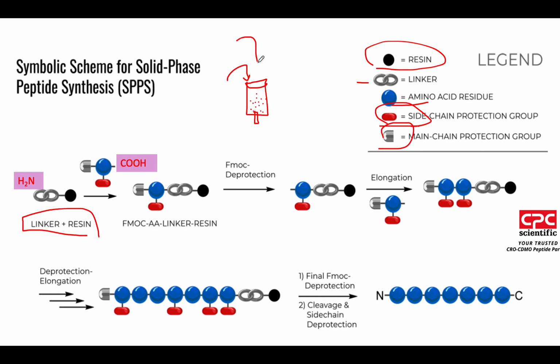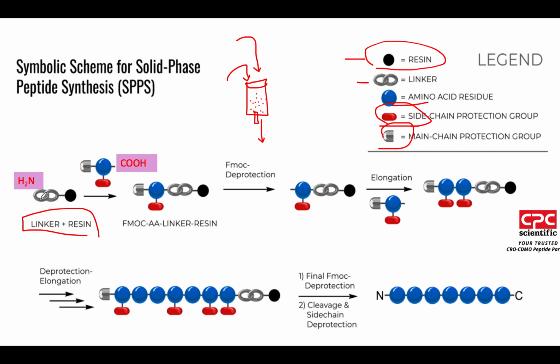After the coupling reaction you can wash it with a certain solvent, and the excess reagents will be washed away, and then you can carry out the next steps. Without this resin, your peptides will be washed away. So this resin is a support in order for your peptide to be attached and stay inside this tube.